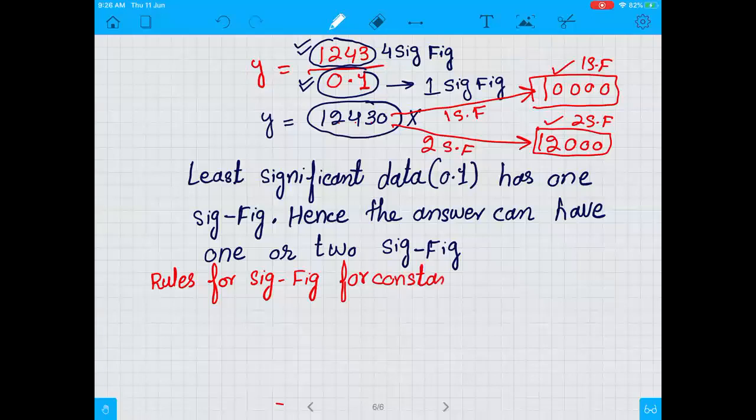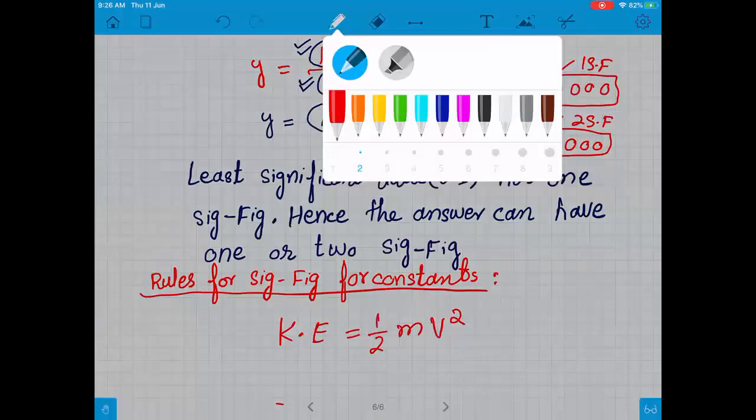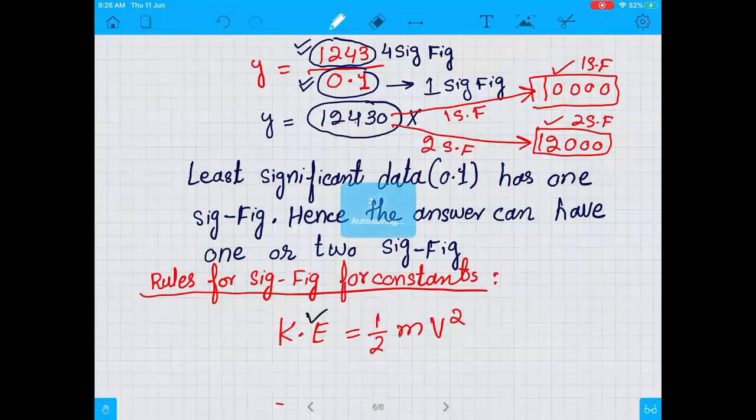Basically, what is meant by this topic is that sometimes you have formulae in which you have some constants. Like if you write a formula KE is equal to 1 over 2 mv square, then in this formula KE is a data value, m is a data value, v is a data value, and 1 over 2 is a constant. 1 over 2 is a constant.